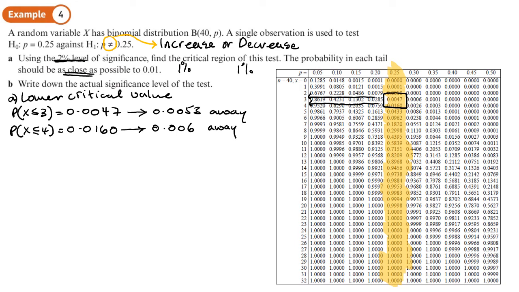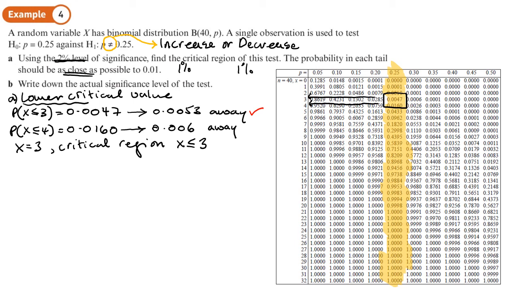So this top one is closer. So my lower critical value, x equals 3, is the critical value. The critical region is when I observe something less than or equal to 3.